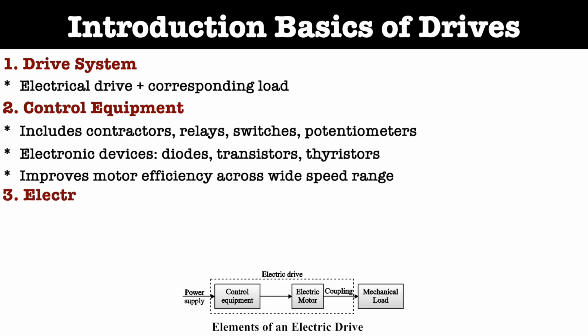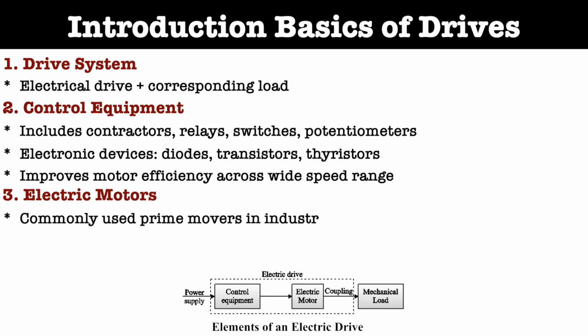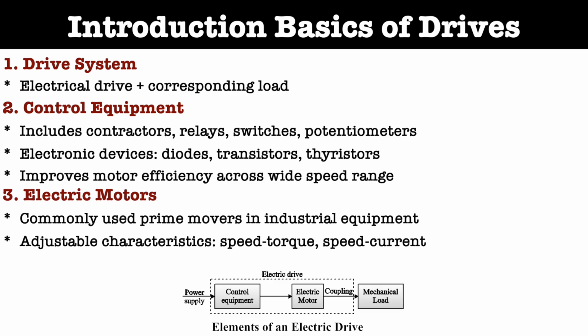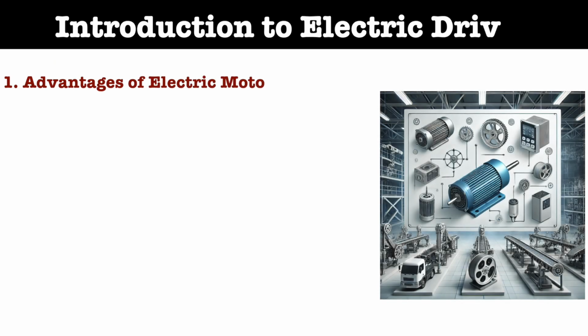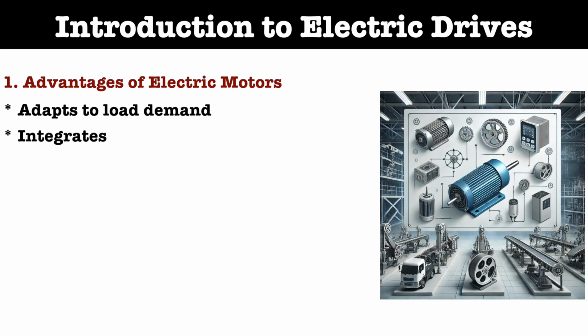Electric motors are the most commonly used prime movers in industrial equipment, as their characteristics can be adjusted over a wide range, such as speed-torque and speed-current, which can be controlled with suitable equipment. They offer the advantage of changing operating conditions according to the load demand and can integrate protection circuits as well.